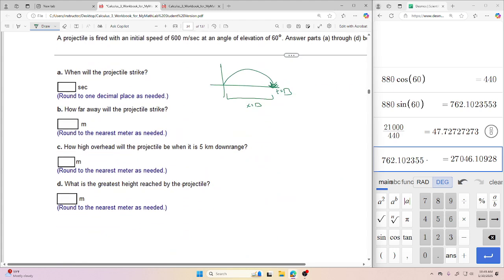Okay, so hold on. 2v naught sine alpha, I guess, or theta, all divided by g. Yes, that's for the flight time. I'm going to use theta. I don't want alpha. And then my range is v naught squared sine of 2 theta divided by g.